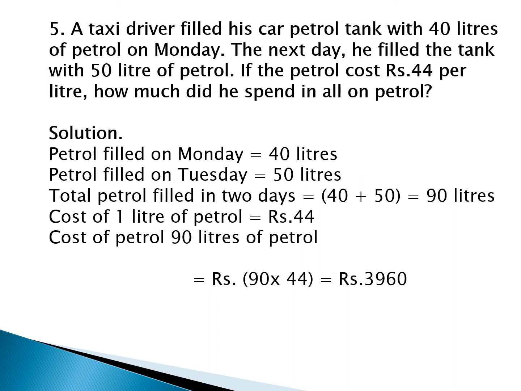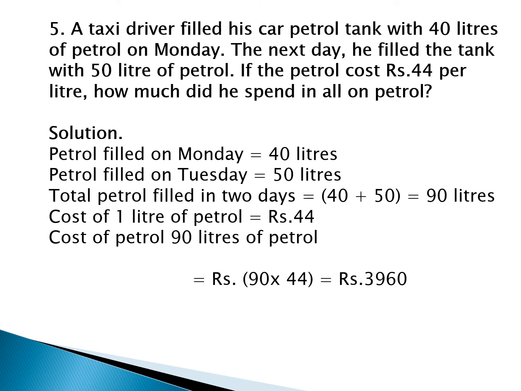Petrol filled on Monday 40 liters, petrol filled on Tuesday 50 liters, total petrol filled in 2 days. So what we have to do? We have to add both the quantities, 40 plus 50. By adding these two quantities, we will get 90 liters of petrol. It means on both the days he filled his tank by 90 liters. Total quantity of petrol is 90 liters. Now to get the total cost, this quantity has to be multiplied by cost of petrol.